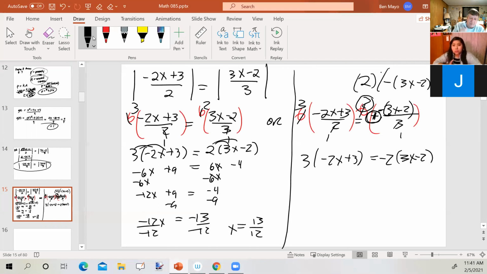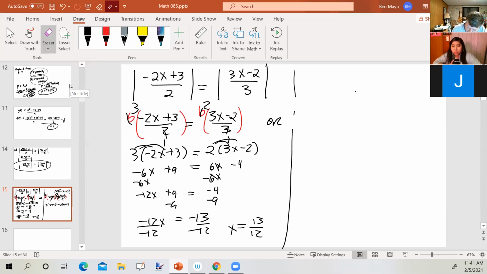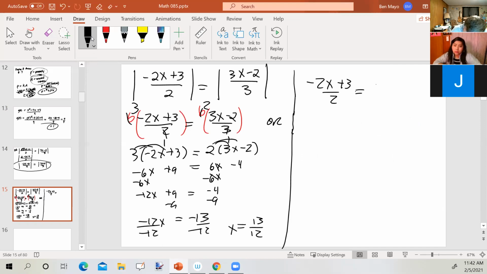You know what? Let me do it a different way. I will do this a different way that I think maybe will be easier to follow. We'll find out. Okay, so I've got negative 2x plus 3 over 2 equals the opposite of 3x minus 2 over 3.